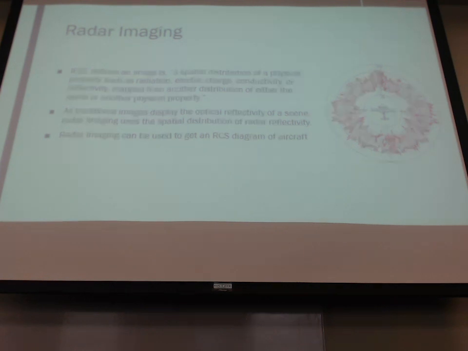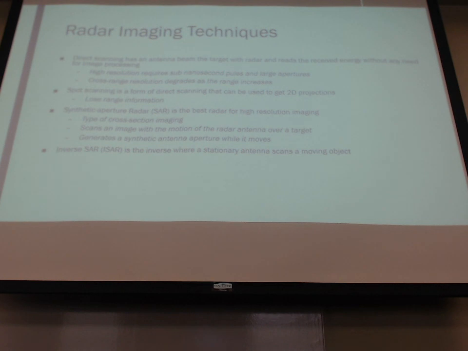That's what we use RCS images for, and I'll go over how we get that data later. It all comes down to generating these images to help make assessments. That's a big part of avoiding anti-air countermeasures.